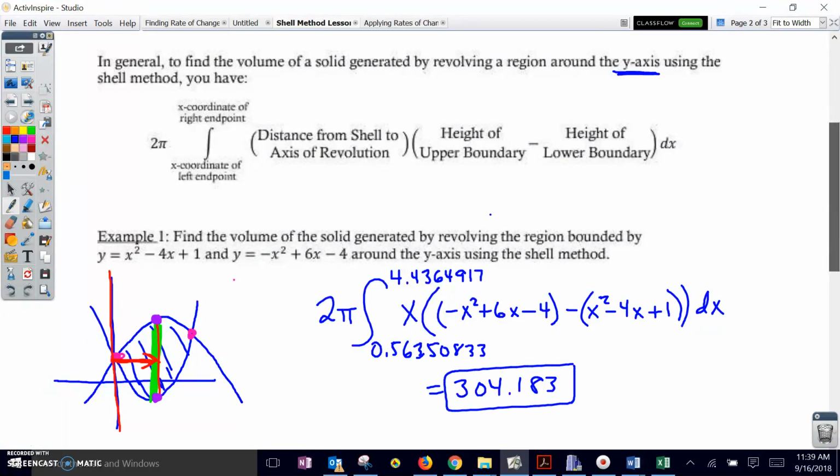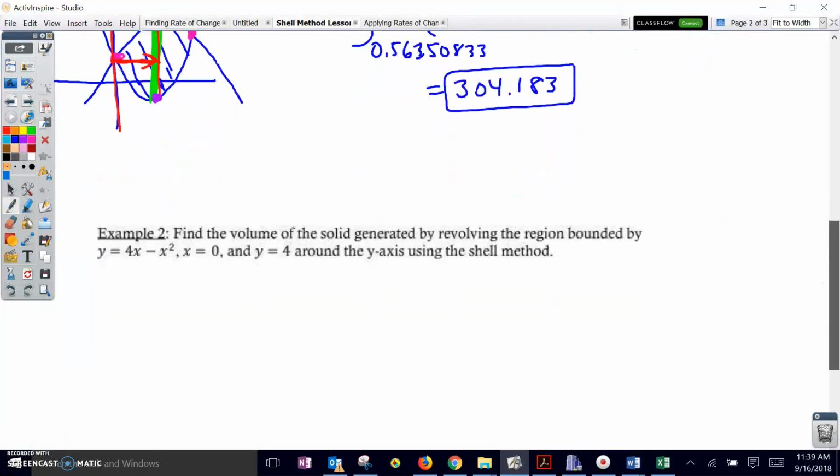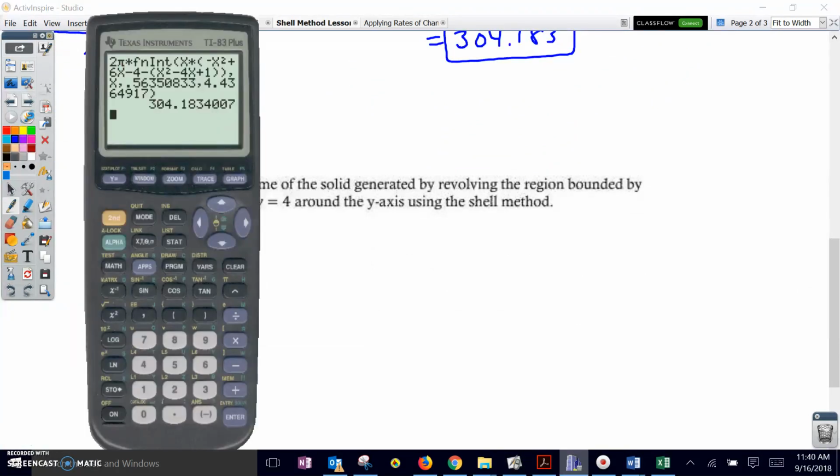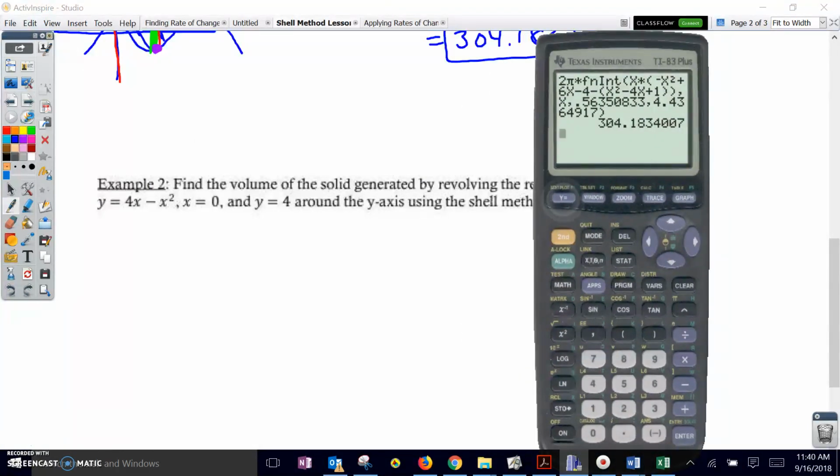All right. On to example 2, we're going to do the same thing. We're going to find the volume of the solid generated by revolving this region bounded by these curves around the y-axis. So we've got y equals 4x minus x squared, and also the line y equals 4, and the line x equals 0.